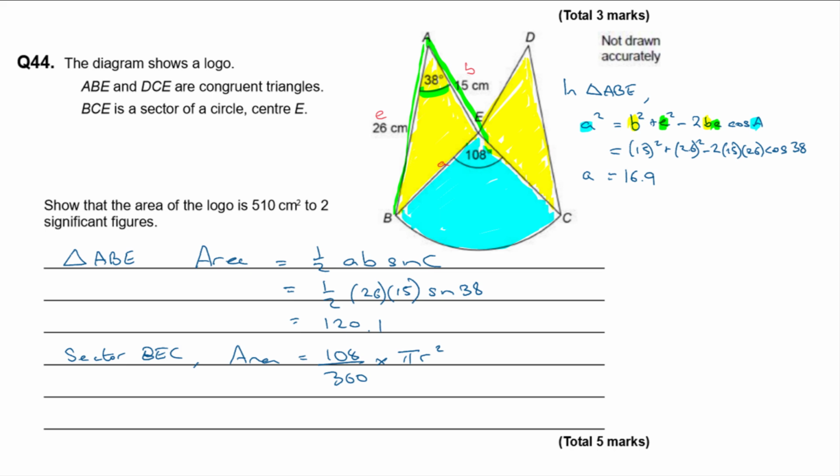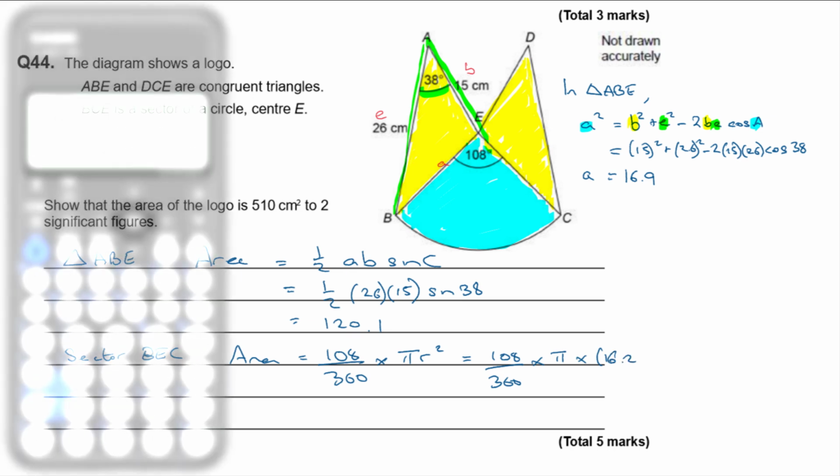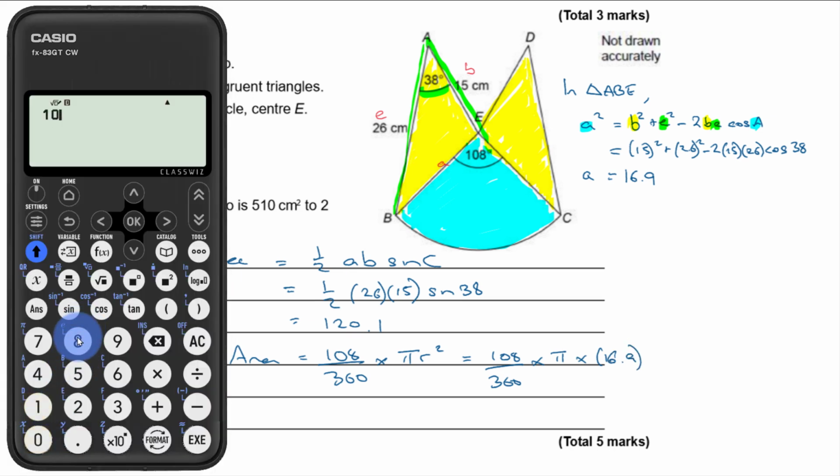So now I can come back to my area formula down here and say that that's 108 over 360 times pi times 16.9 squared. Okay, so it's still in my calculator.